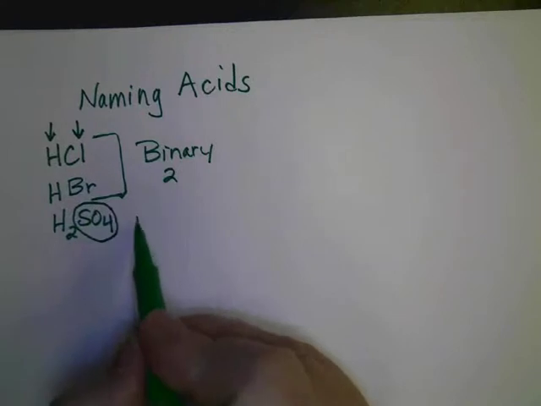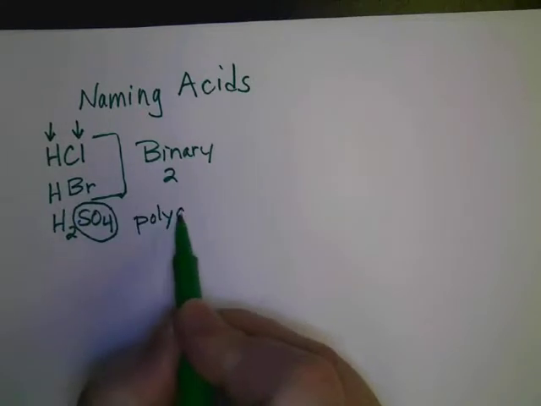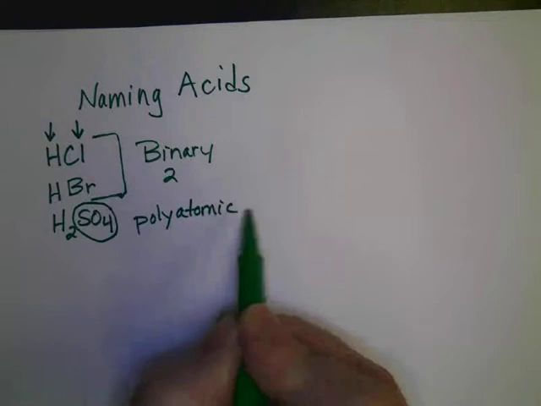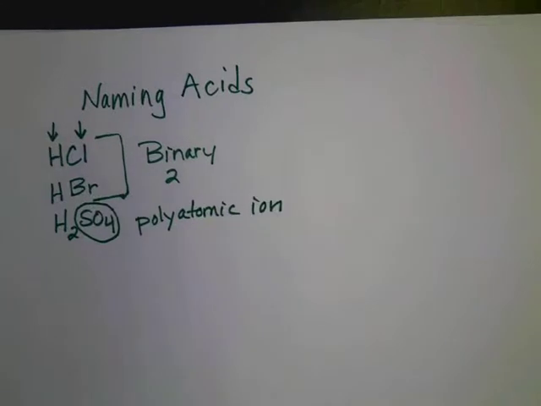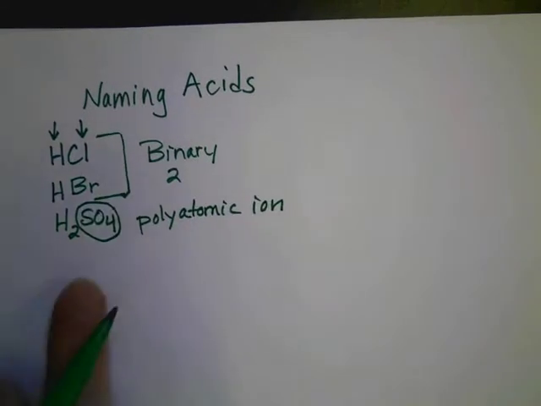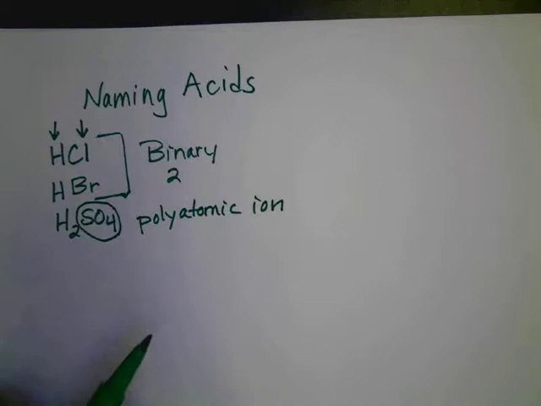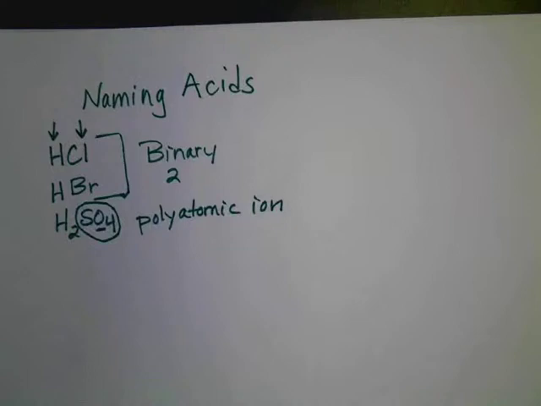If you remember, that's a polyatomic ion called sulfate. And so these are called tertiary acids, or sometimes oxyacids, because they're going to have oxygen in them. So there are two different methods for naming these: a method for naming binary and a method for naming polyatomic acids.